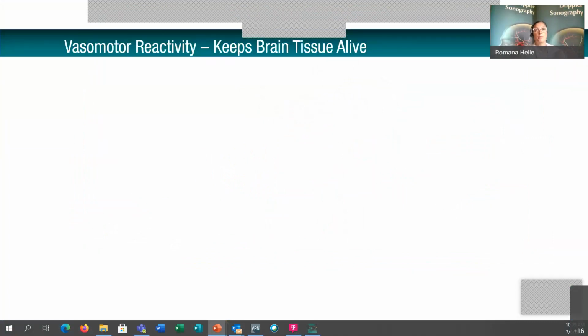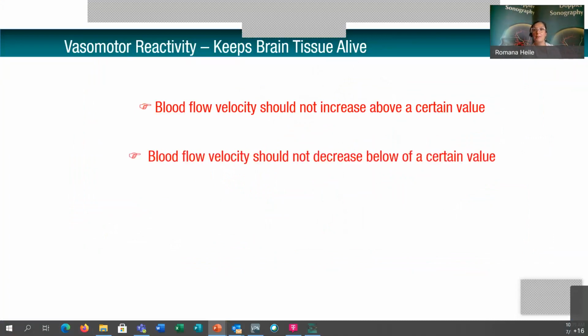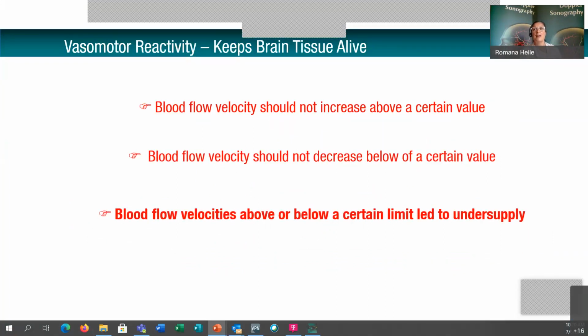So why is this so important? There are situations that can happen that the blood flow velocity is rapidly increasing. And if the blood flow is increasing above a certain level, but also if the blood flow decreases below a certain value, then that will lead to an under support of the brain tissue.